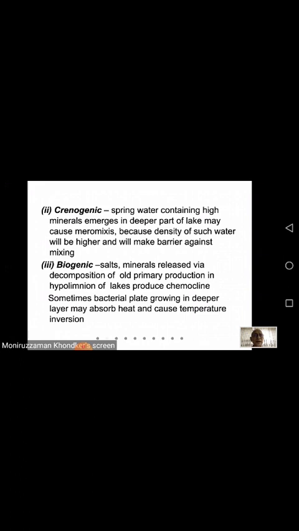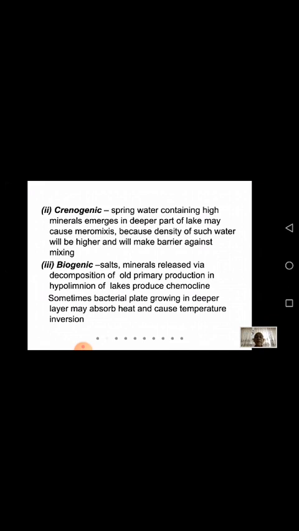So what happens is that under such a condition a lot of bacteria actually grow there. And if the organisms absorb heat, then the aerobic system falls.